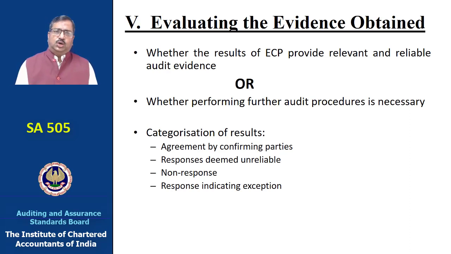Sometimes non-response to the request is also considered as negative confirmation, and therefore the auditor has to ascertain, of course after doing alternate audit procedure, whether there is any risk of material misstatement in the financial statement. And it is not necessary that all the things will have agreement or confirmations are positive, and therefore there are certain responses which indicate exception, that is the differences, mismatches.